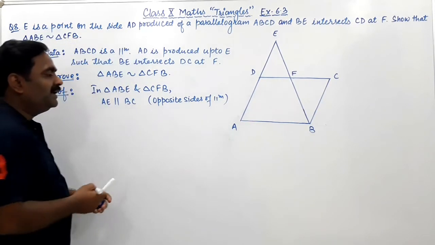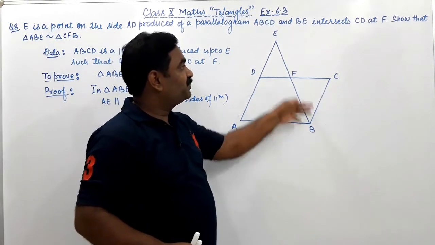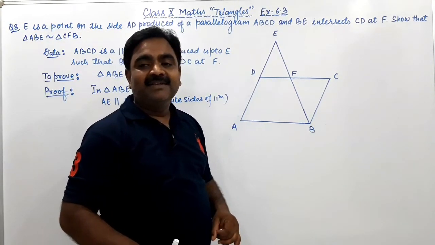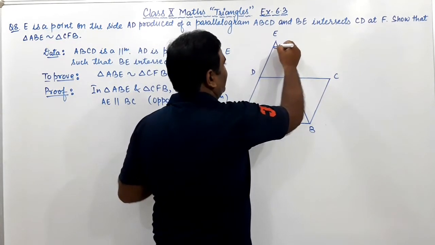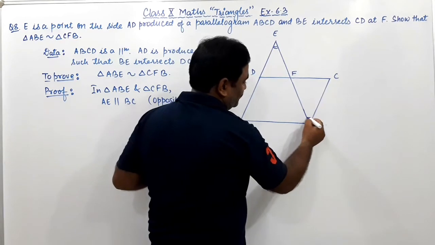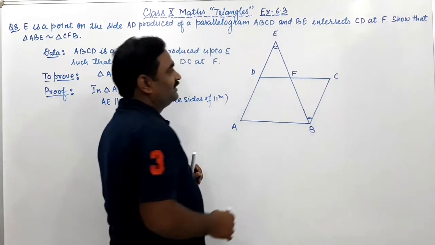Now AE is parallel to BC, then BE is a transversal. If BE is a transversal, then this angle, angle E of this triangle, is equal to this angle, angle B of the other triangle, right?